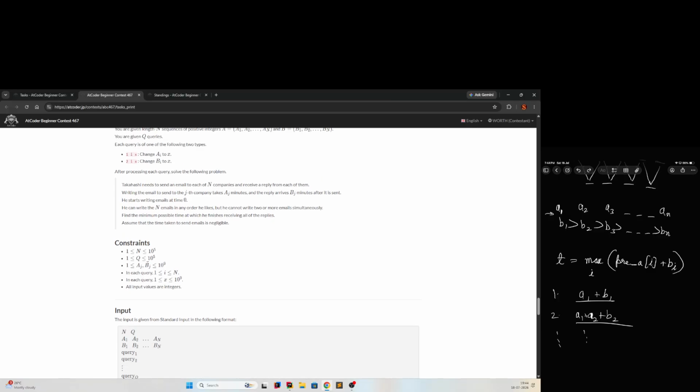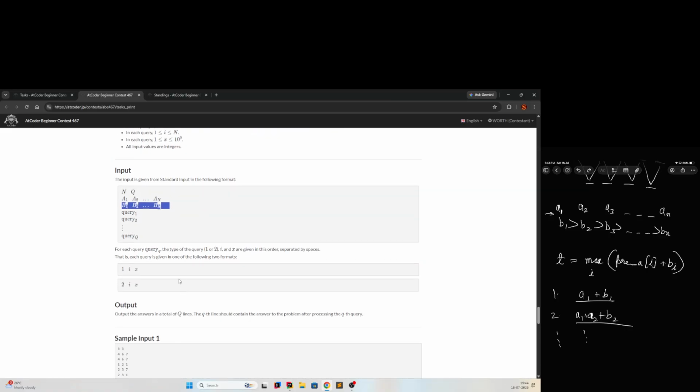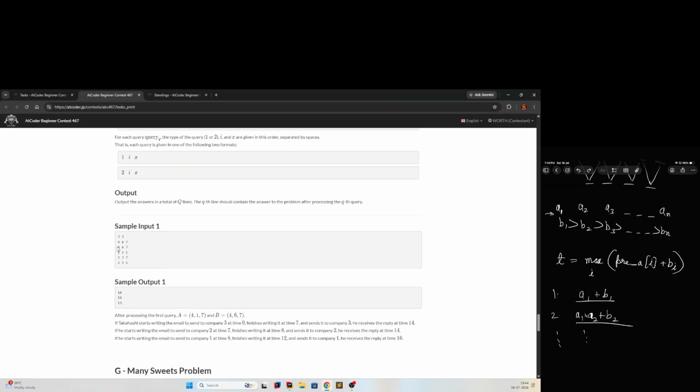I stored all the BI values I am going to get. So let's say I start with n values, and then in queries also, let's say these were the BI values, and then in the query we update this value here.